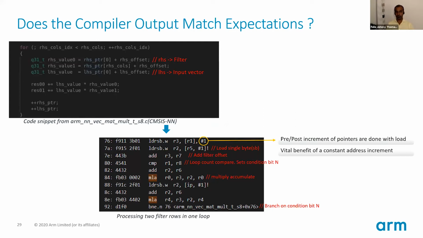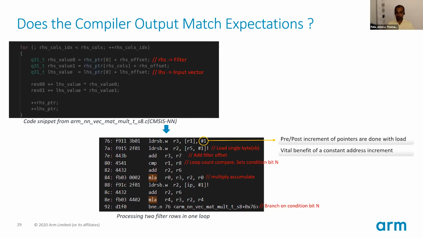So the figure that you see on the top is a snippet from CMSIS-NN for the fully connected operator. And unrolling is done twice, like we saw in the previous pseudocode. And the figure at the bottom is the generated assembly code.